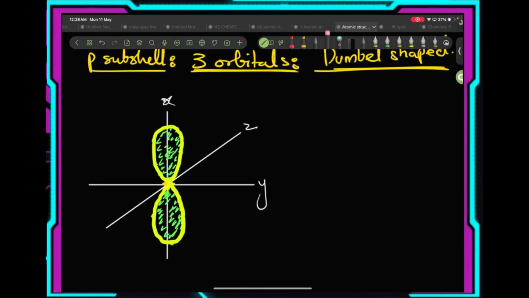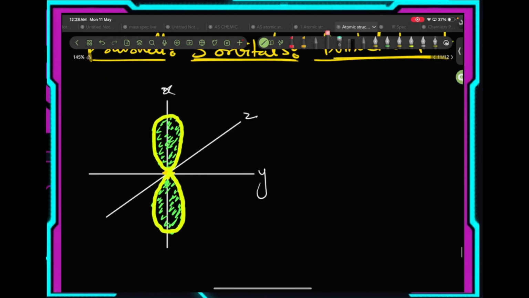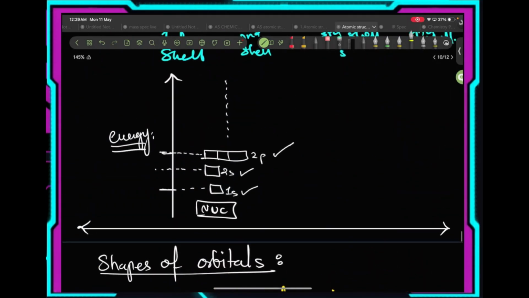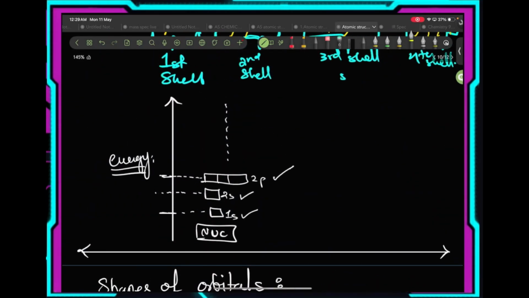All the other orbitals will also have the same shape, but they will have different orientation. The three p orbitals all have the same energy. Remember this diagram right here? This is the first p orbital, this is the second p orbital, and this is the third p orbital, right? All of them on the y-axis have the same energy. Are they at the same energy level?